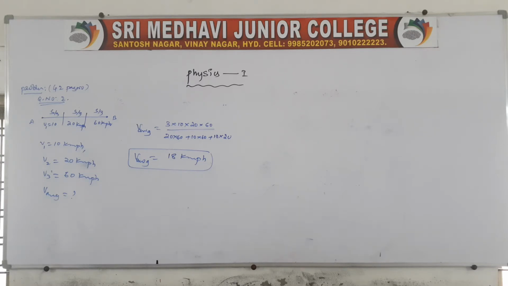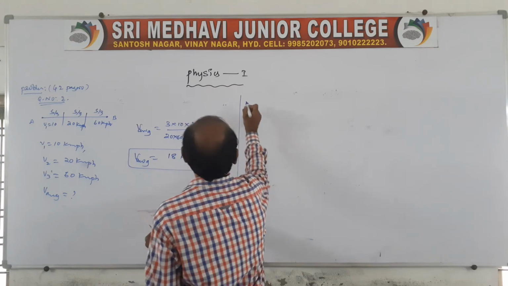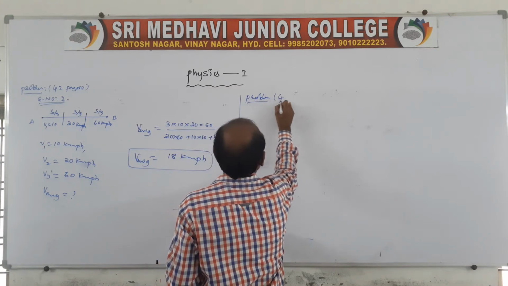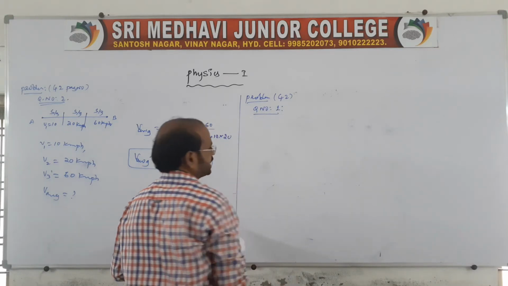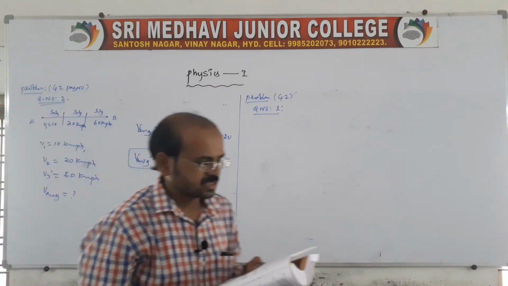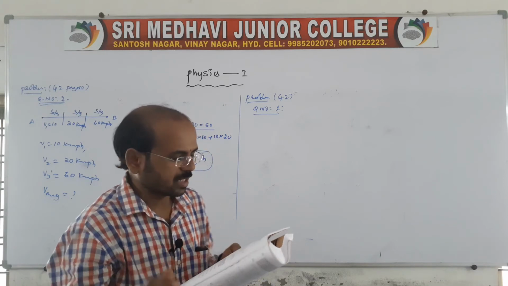Right, and there is another question in our material only, on the same page number. You take a problem again, the page number will be 42 and the question number will be 1 from material, right. The question was given like this: a man walks on a straight road from his home to a market.